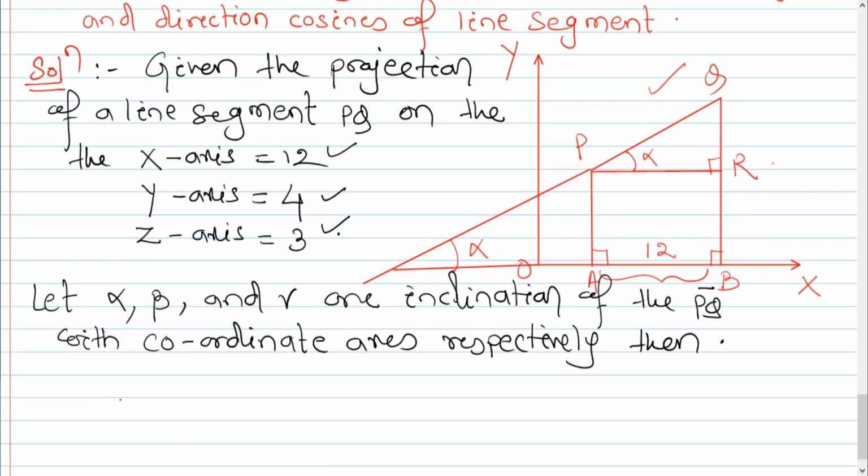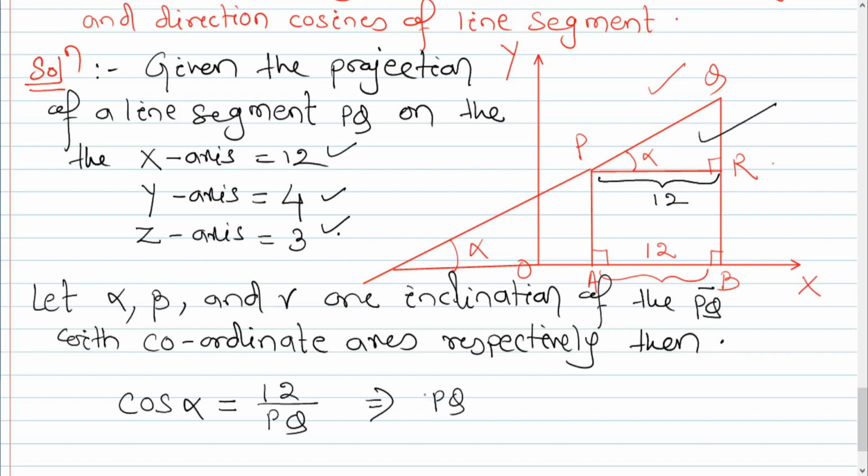Then cos alpha, in the right angle triangle, cos alpha is equal to B by H. This one is 12, that is 12 by PQ, which implies PQ cos alpha is equal to 12.